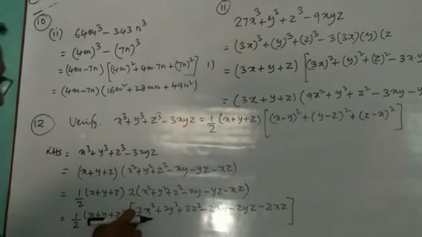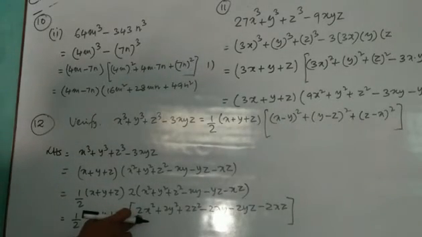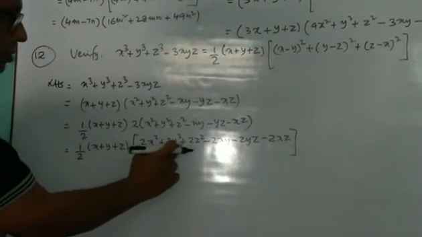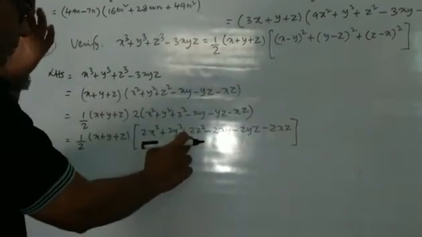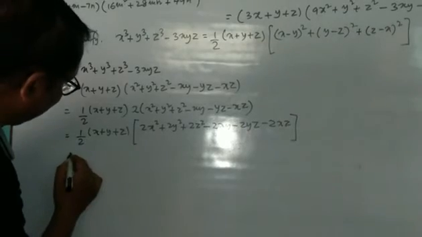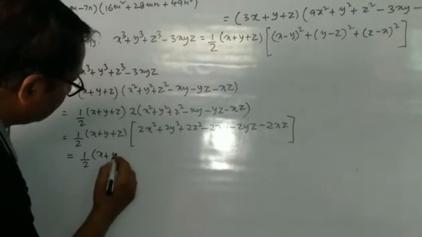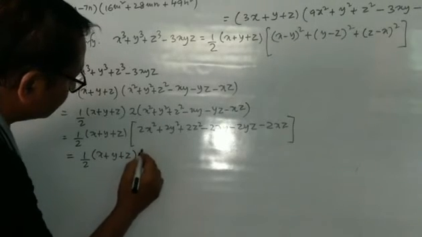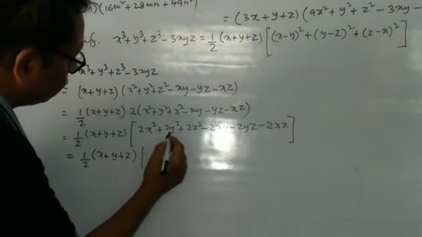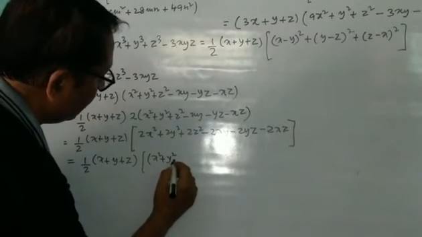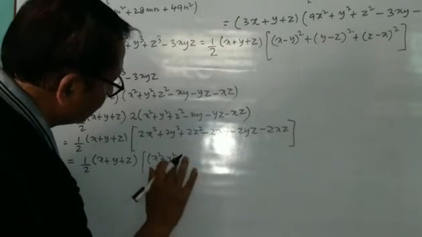Now, 2x square means x square plus x square. 2y square, y square plus y square. 2z square, z square plus z square. Now, if you arrange this once again, what you will find, you take one x square and one y square. You will find x square plus y square minus 2xy.